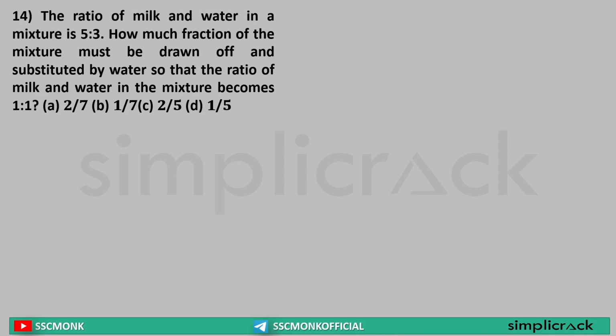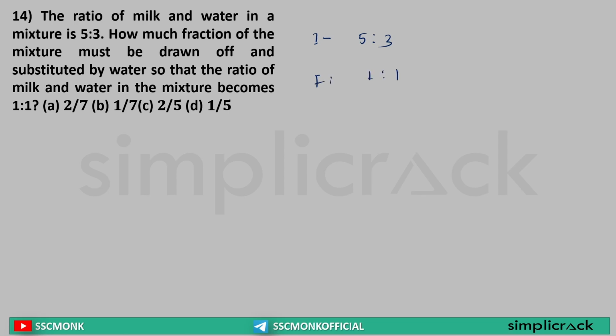Next. Ratio of milk and water in a mixture is 5:3. How much fraction of mixture must be drawn off and substituted by the water so that the ratio of milk and water becomes 1:1? Sir, previously it is 5:3. This was the initial. Final it becomes 1:1.